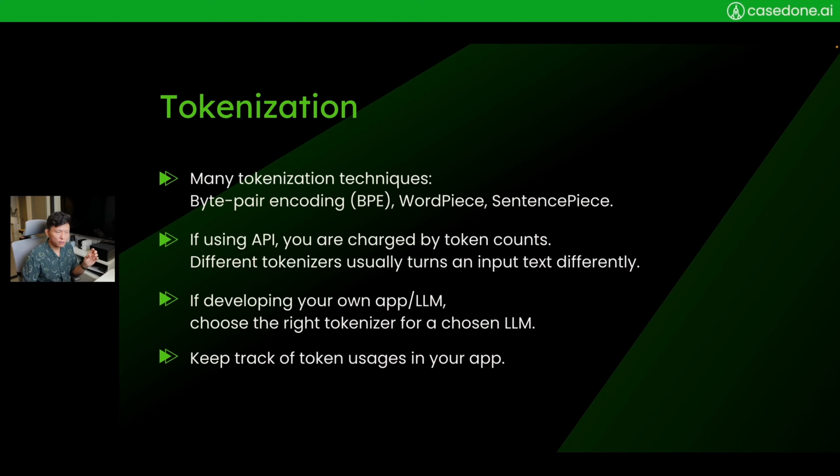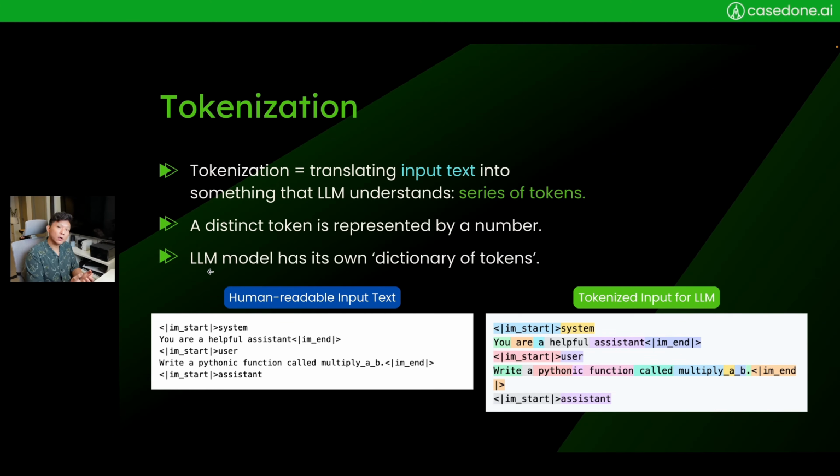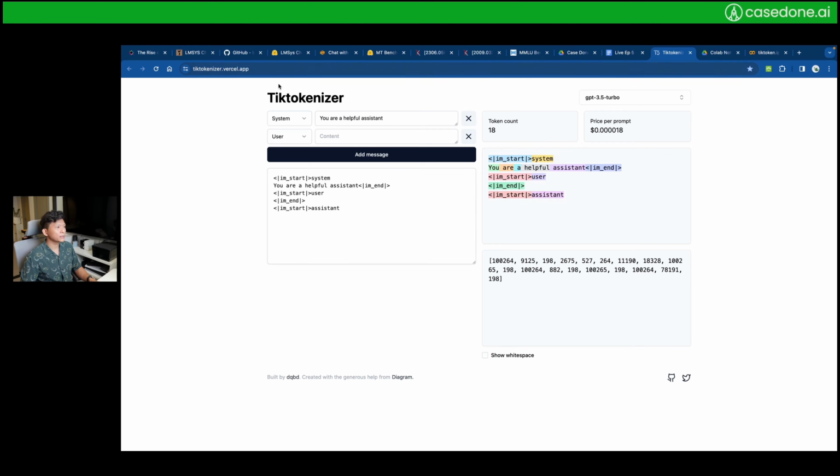You need to choose the right tokenizer for a chosen LLM. If you are using an API, you will be charged by token counts. Write a Pythonic function. An LLM model will have its own dictionary of tokens. What is tokenization? A way to translate text into something that the LLM understands. You can come to this website, tick Tokenizer.